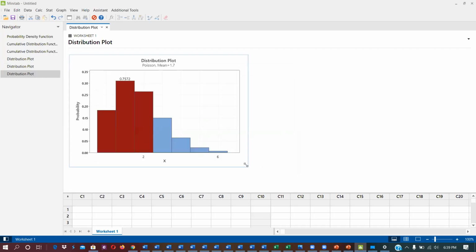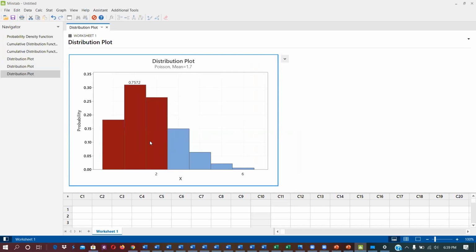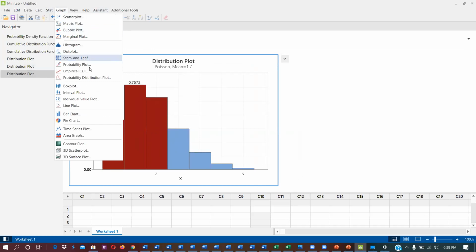So here you can see that the value up to 2 is 75%. The remaining is the rest, so you have to choose here and you can make graphs here very easily.